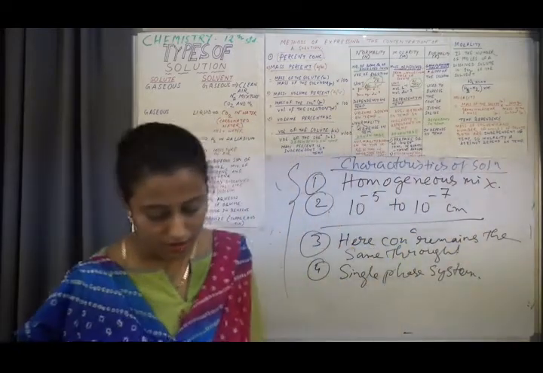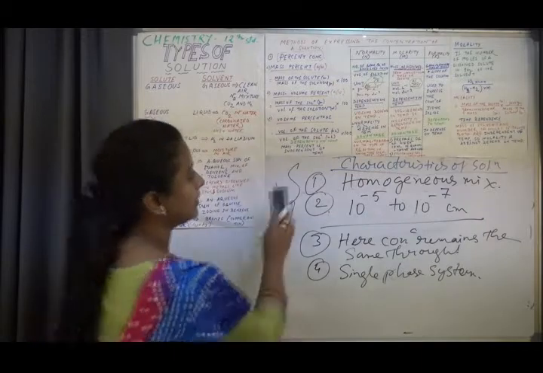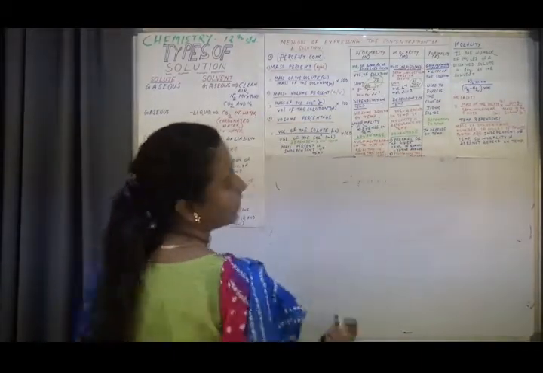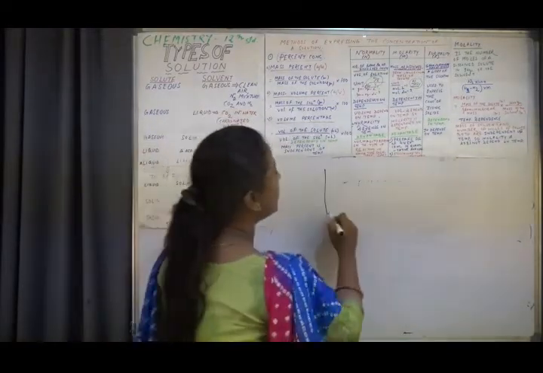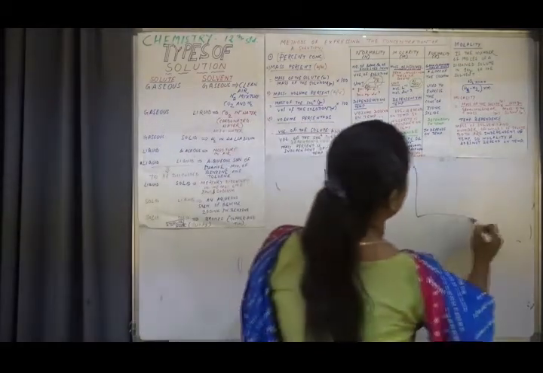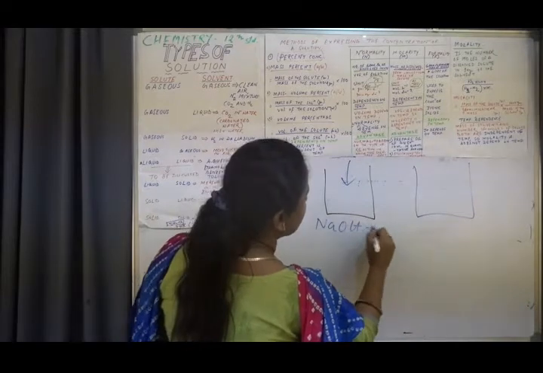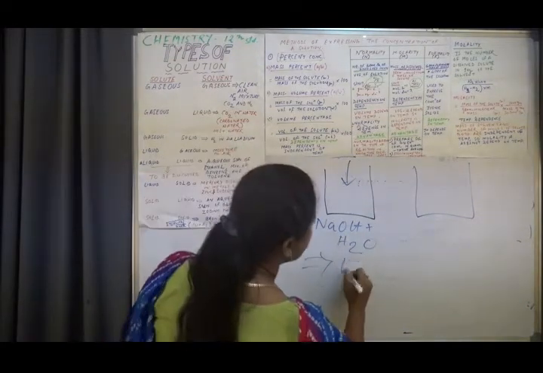So another term can be covered with this. When we mix any solute and solvent, sometimes heat is evolved and sometimes heat is absorbed. For example, NaOH plus H2O, in this case heat is evolved.